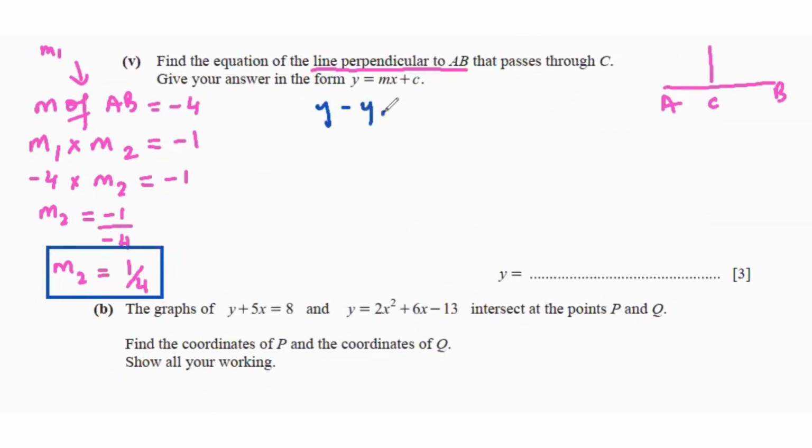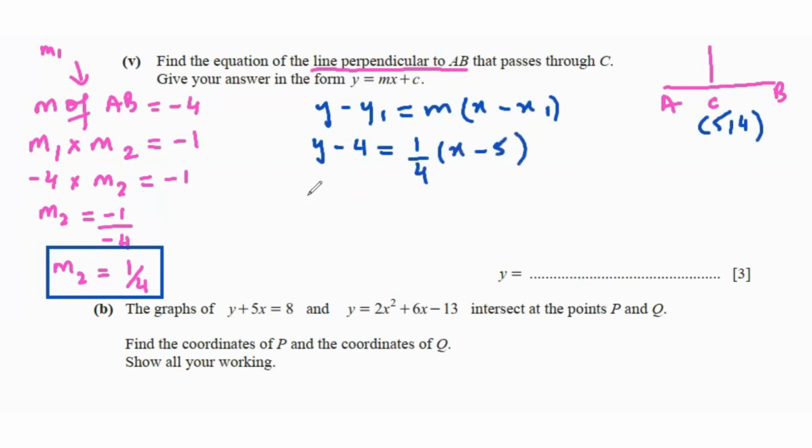y minus y1 equals m times x minus x1. The point over here is (5, 4). We'll do y minus 4 equals 1 over 4 times x minus 5. Multiply by 4, because I want to get rid of the fraction: 4 times y minus 4 equals x minus 5, which is 4y minus 16.